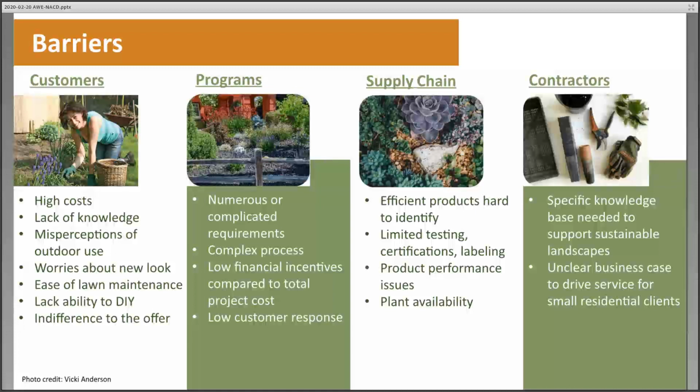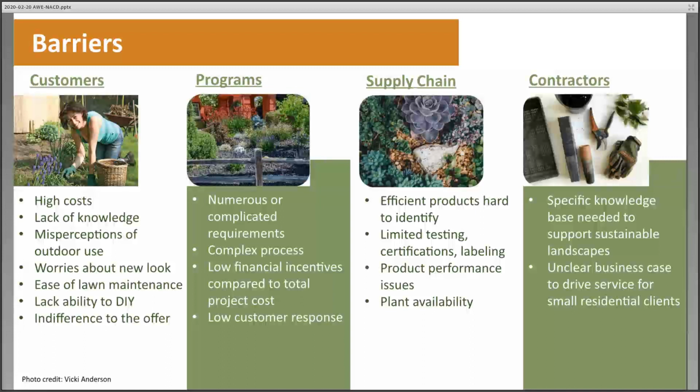And then on the utility program side, we noted that there were a lot of complicated requirements to participate in the program, which would make it hard for a customer to get plugged into that. And the financial incentives weren't always very large compared to the total project cost.